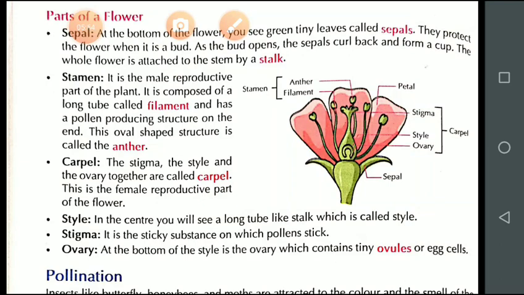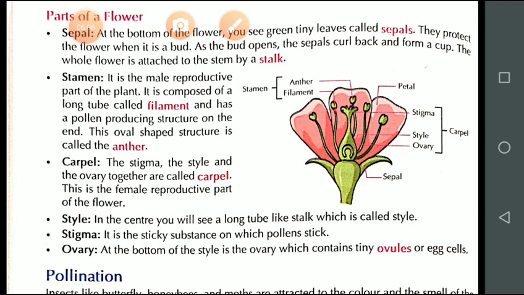Is it clear? So, the top of the carpel is called the stigma and is often sticky. Seeds are made at the base of the carpel in the ovule. Is it clear?